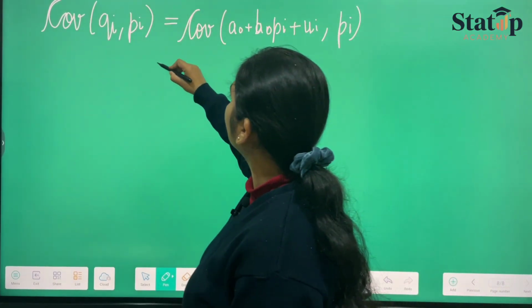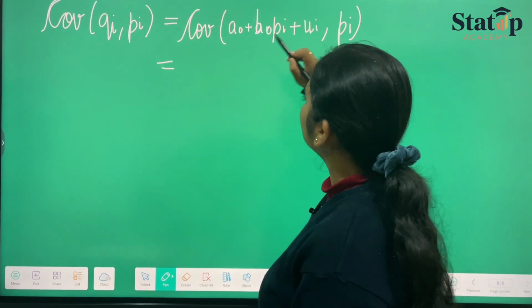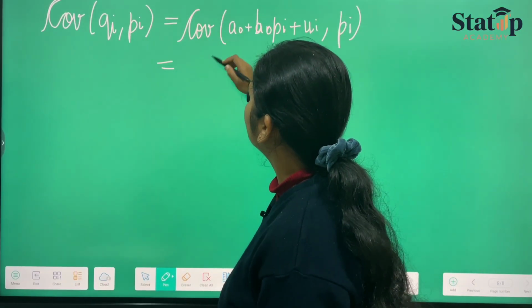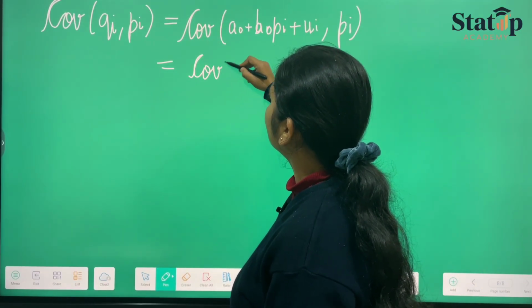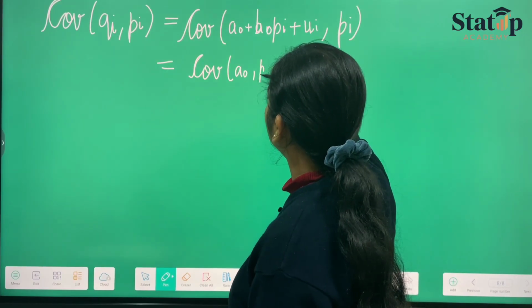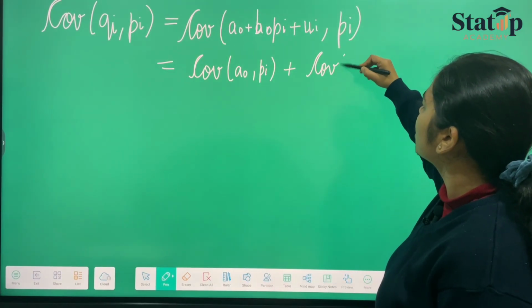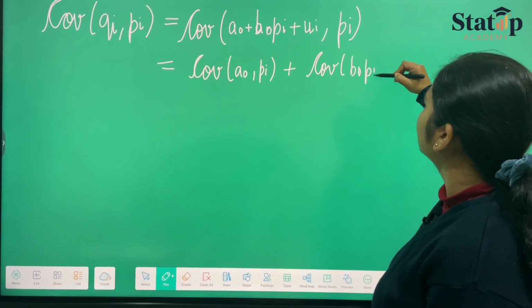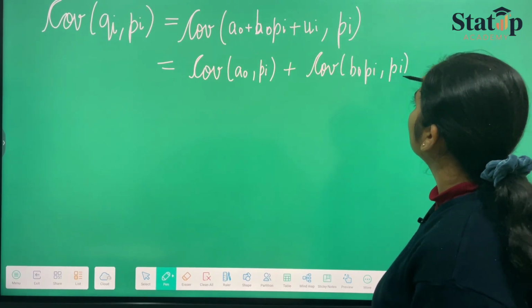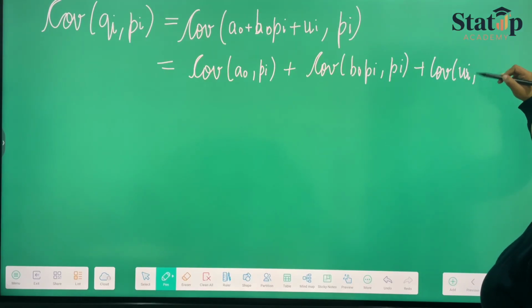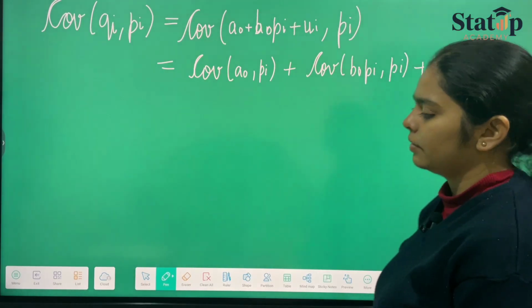Covariance, if we calculate here, the covariance between A0 and Pi will be 0. Let me write it in depth. Covariance between A0 and Pi plus covariance between B0 Pi and Pi plus covariance between Ui and Pi, right?